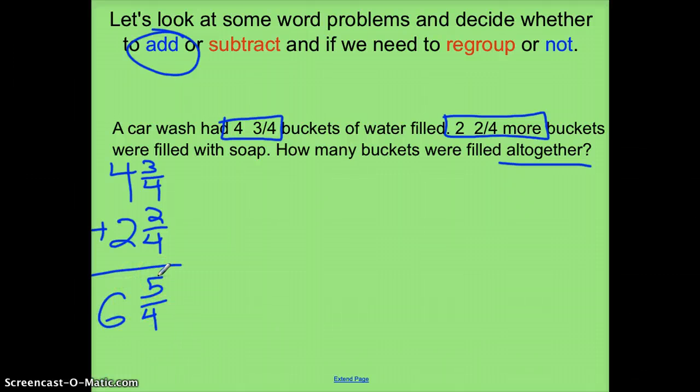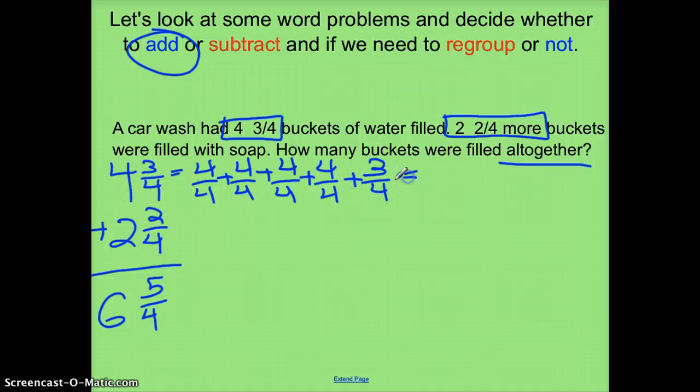Let's take a look at decomposing, and maybe I'll show you one extra thing. Based on this, the size of a whole is 4/4, and I'm going to have 4 of them. So I'll have 4/4 four times: once, twice, 3 times, 4 times, plus 3/4 equals 4, 8, 12, 16, 17, 18, 19. 19/4.